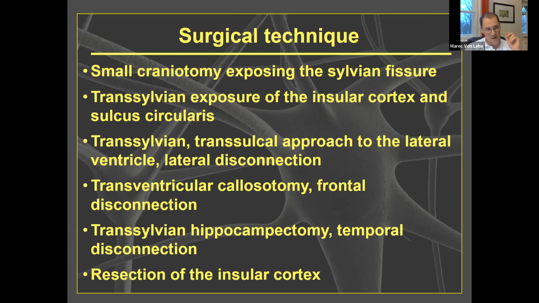Something very special is a frontal disconnection, where you don't have landmarks like a ventricle. This is challenging, but at the end you can disconnect in all these steps. There are two steps of resection with the hippocampectomy and the disconnection of the temporal lobe, and you have to resect the insular cortex, of course, because you might have seizure onset from this area.